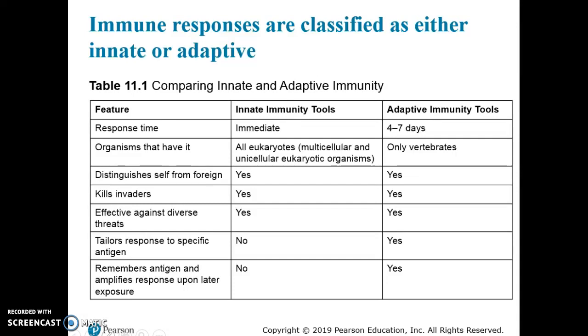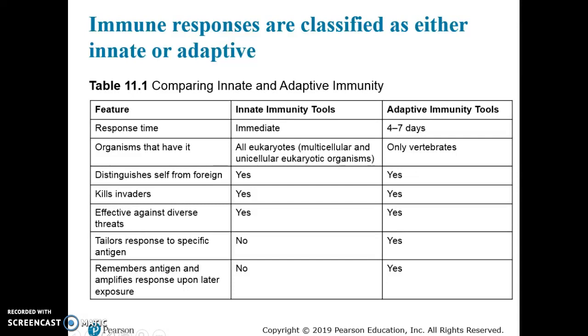So can the immune system respond specifically to E. coli or specifically to Streptococcus pneumoniae, or can it specifically respond against poliovirus? Right? The innate immune response cannot. It can respond against bacteria in general.